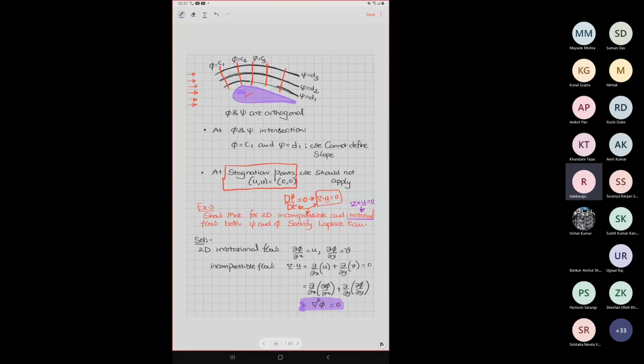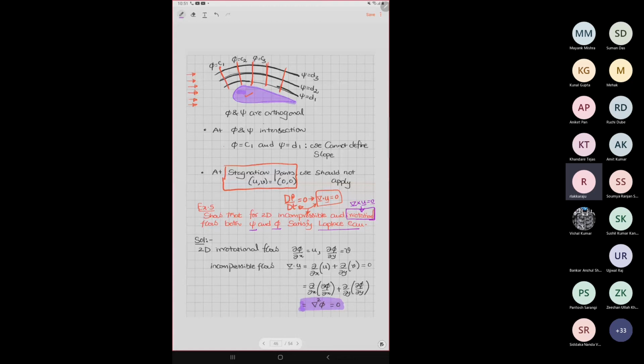The fundamental criterion for irrotational is that at the fluid particle level you should not have any rotation, any angular velocity, or any vorticity. If these two conditions hold, then psi and phi satisfy the Laplace equation.